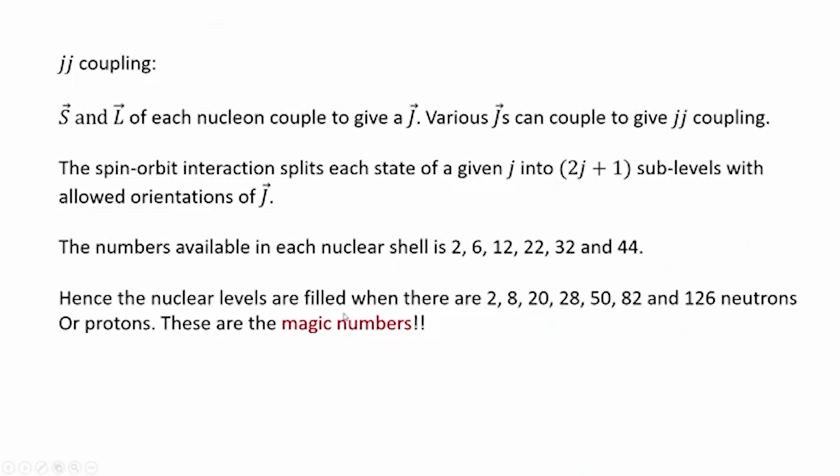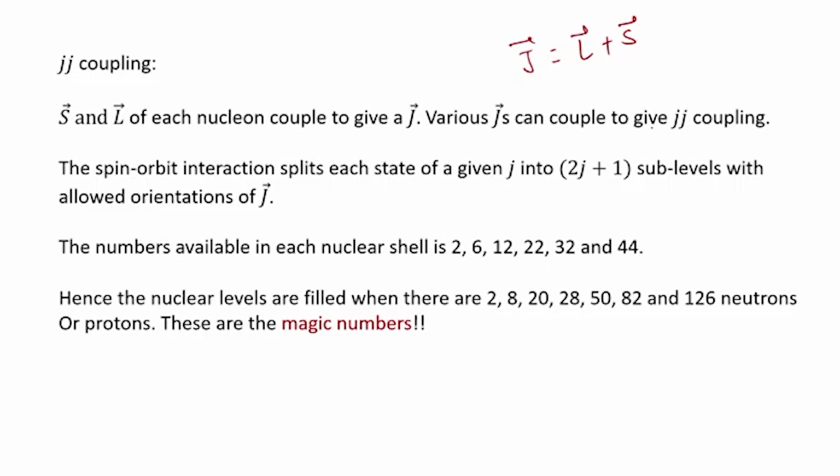Just to tell you a little about this JJ coupling: S and L of each nucleon couple to give a value of J, which is the total angular momentum, and J is equal to L plus S. L is the orbital angular momentum, and S is the spin angular momentum.